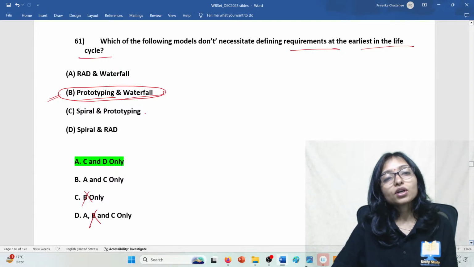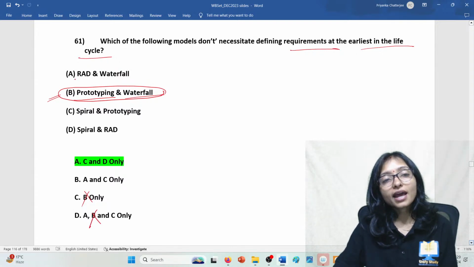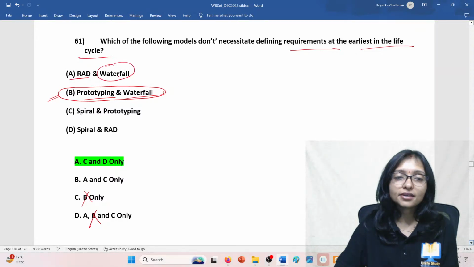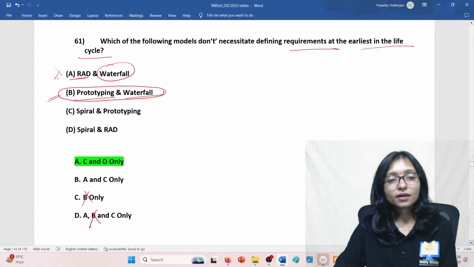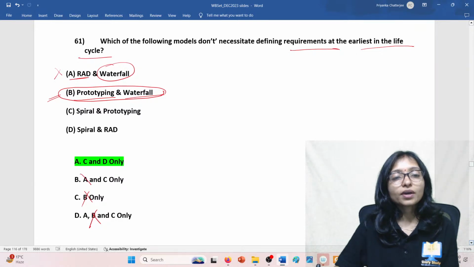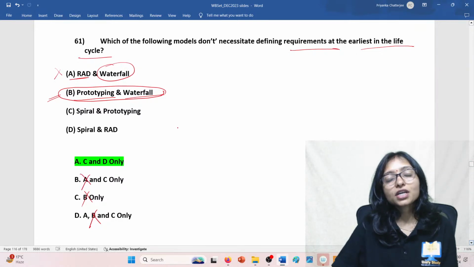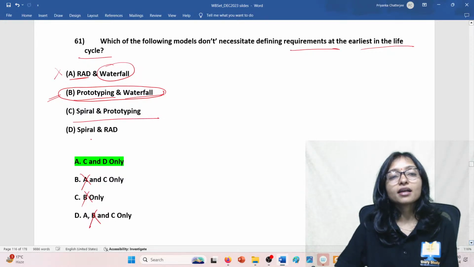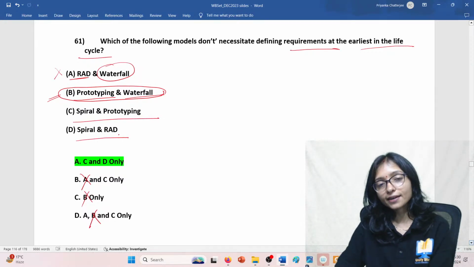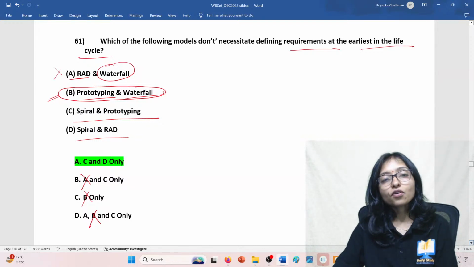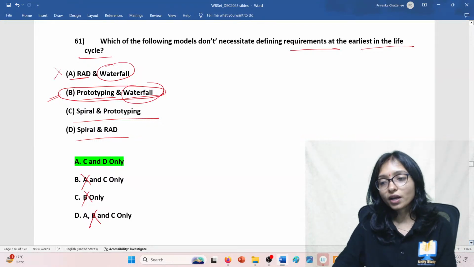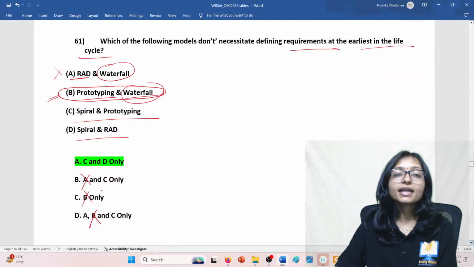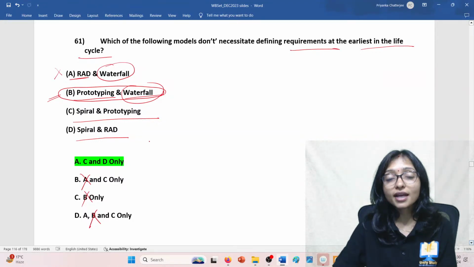Here, spiral model, prototyping, rad and waterfall model. Whenever waterfall is coming, it is required. You can't do this one, so this one also you can eliminate. After elimination, only spiral, prototyping and rad remain. Wherever waterfall is there, requirement is always required. Without requirement you can't do. So by elimination you can get the correct answer.